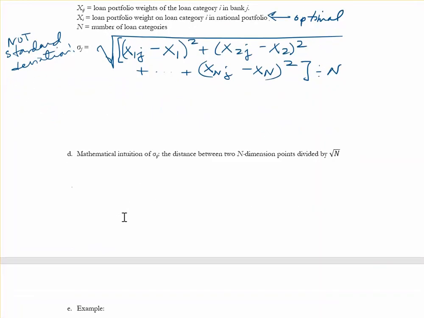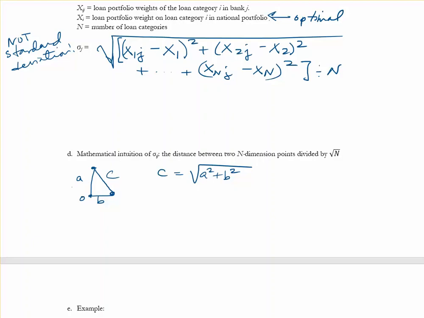The intuition is, if you think about the Pythagorean theorem, from point 0 there, you have a base of B, height of A, hypotenuse is C. The distance between these 2 points is the square root of the squares of those 2 distances.